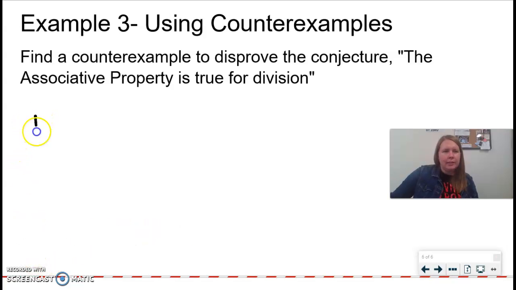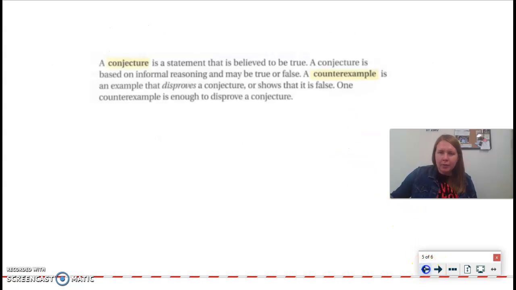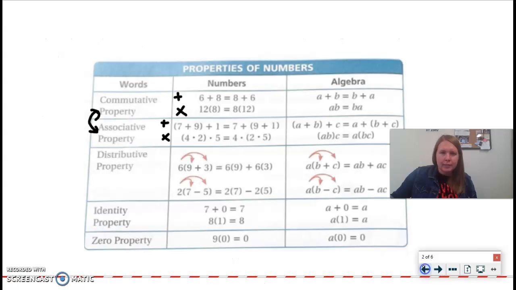Let's have 100, because I know 100 is easy to divide. 100 divided by 10, and then let's divide it by 2. I think that'd be easy. So on each side, let's do that. The problem is that we need to add in some parentheses, because the associative property has parentheses.